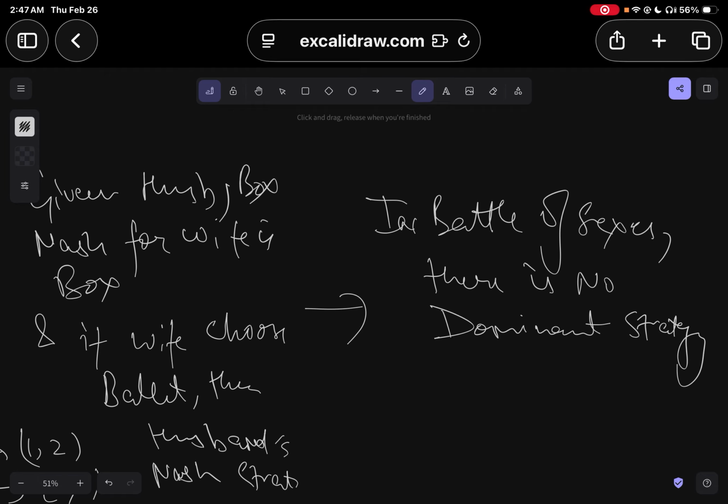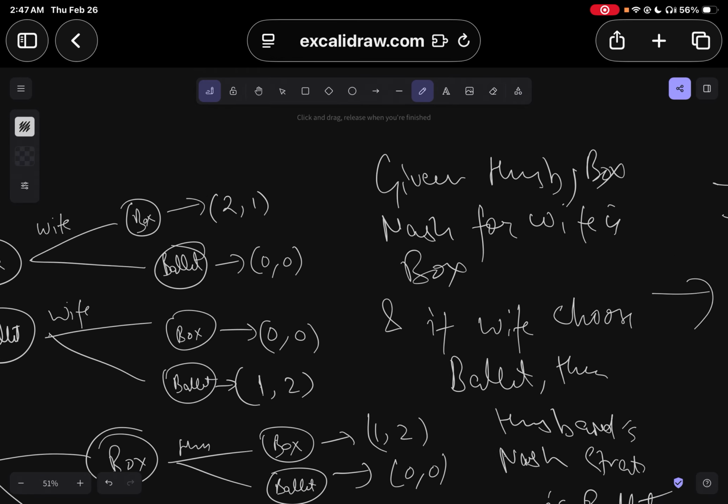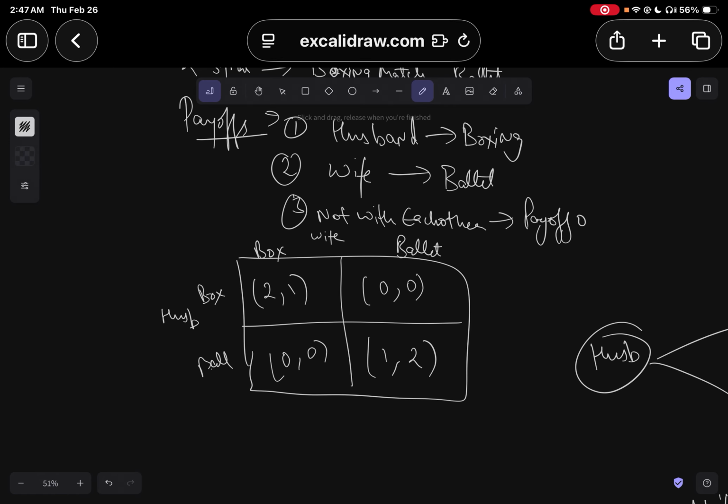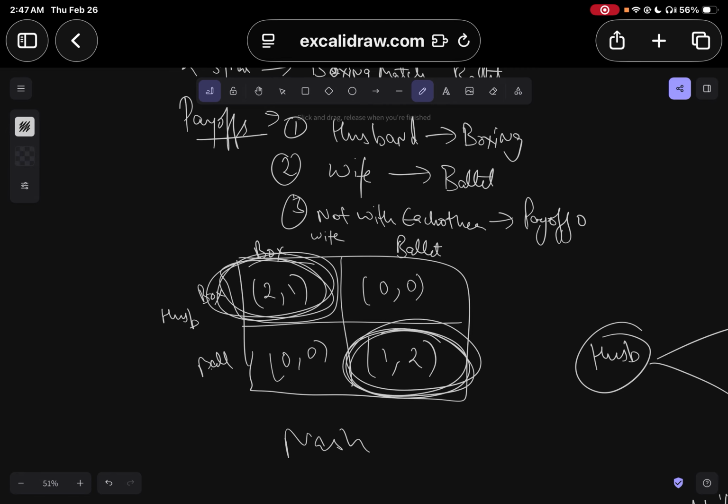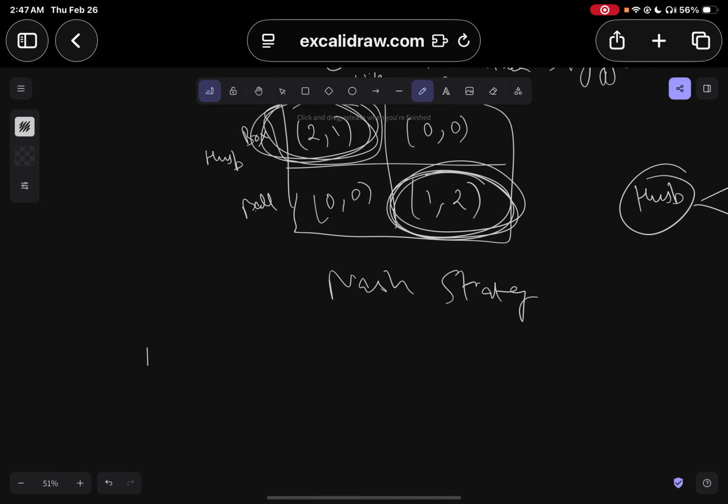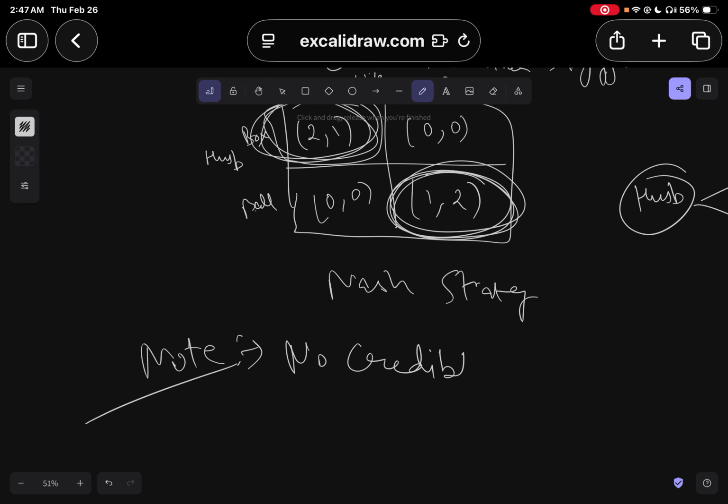The Nash strategies match when both of them choose boxing or when both of them choose ballet. So both these boxes are the Nash equilibria. But there is one more thing to note: in the battle of sexes there is no credible threat.